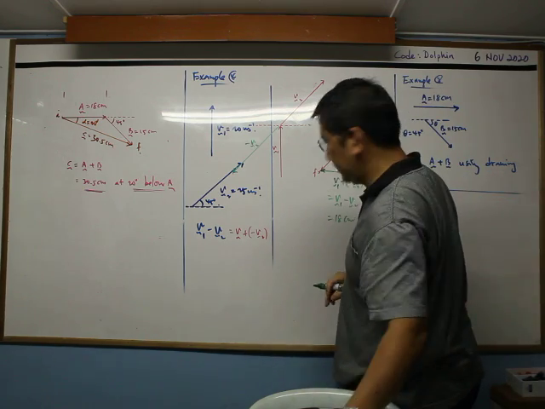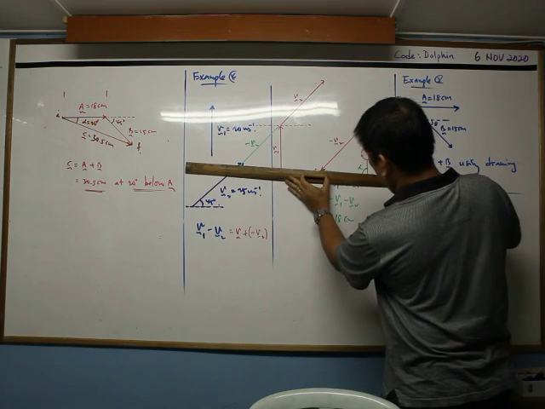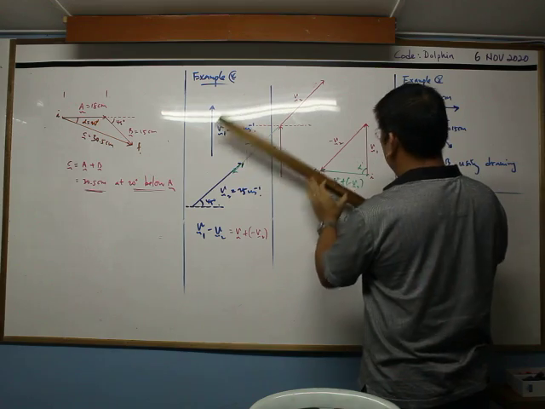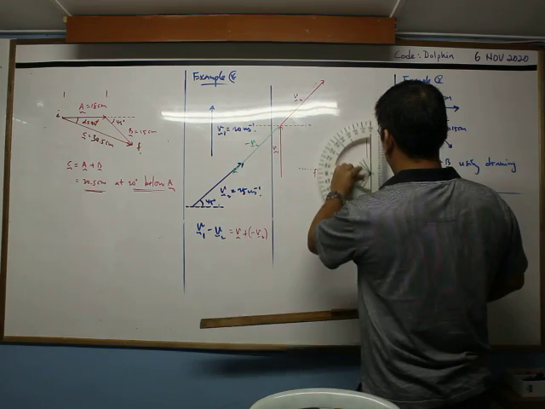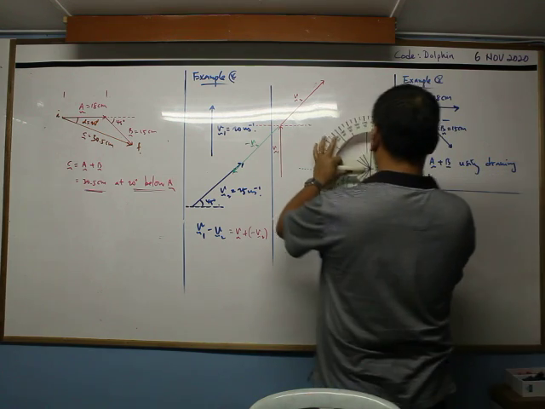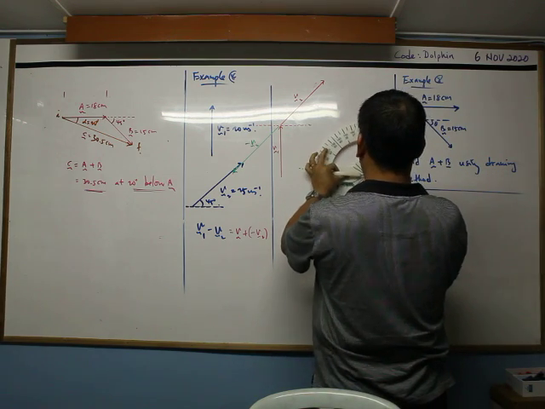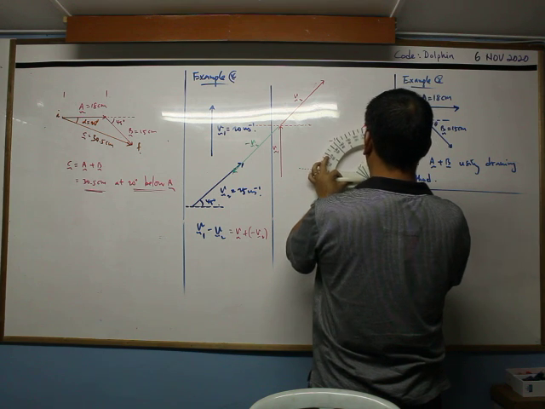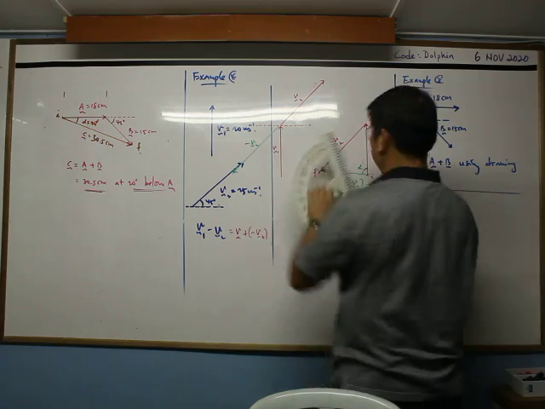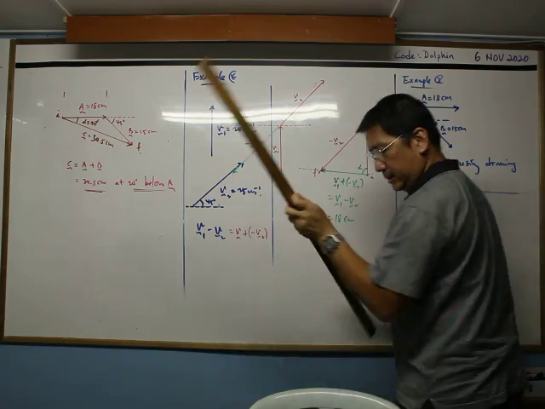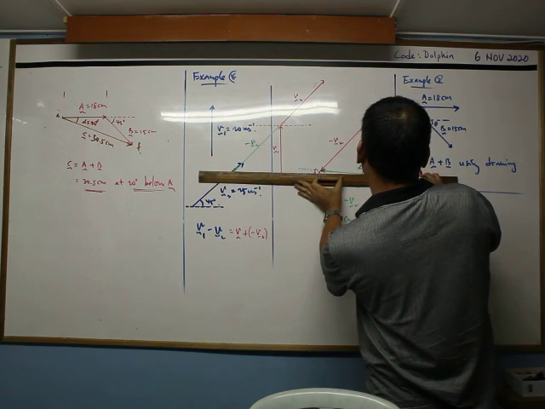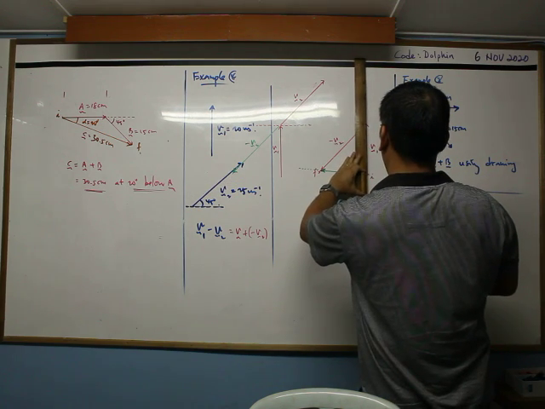we need to extend that value. So we put it here. Should be something like this, right? This line.